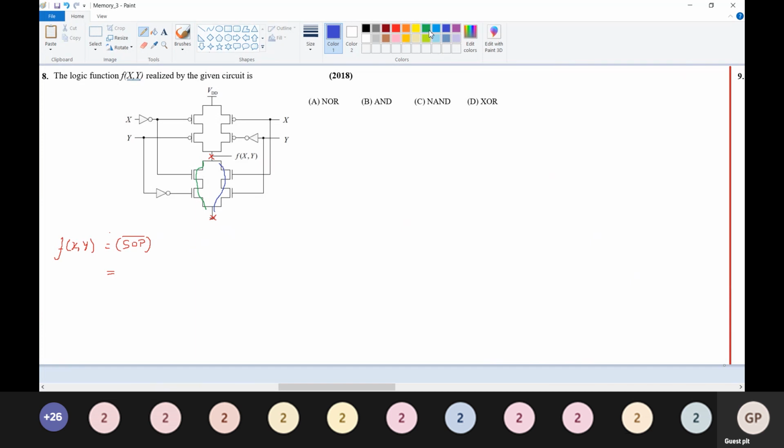Now first I will write the first one. What is the input for this? Input for this is x dash and input for this is y dash. And similarly, the input for this is x and input for this is y. Now we'll write the SOP expression.